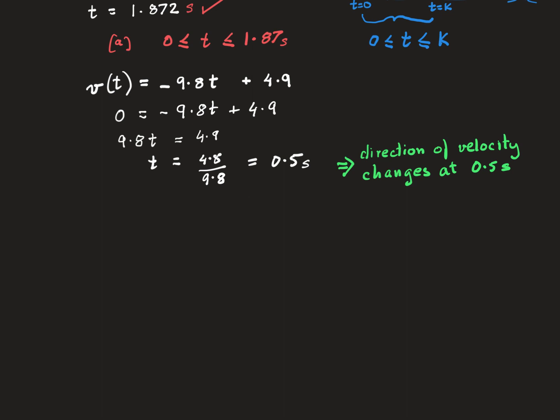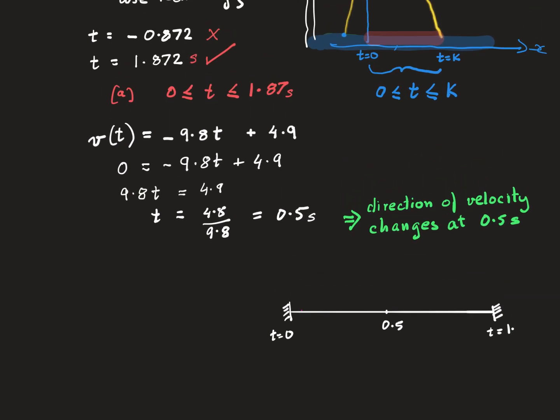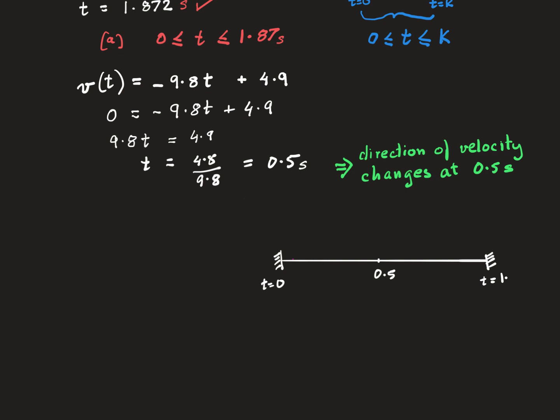So we can now draw the sign diagram starting from t is equal to 0. It'll change at 0.5 and it finishes at approximately t is equal to 1.5887 seconds.